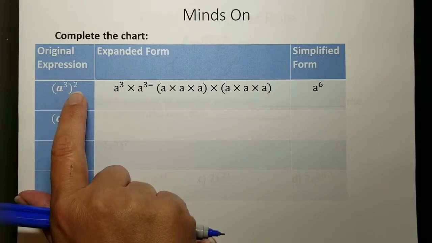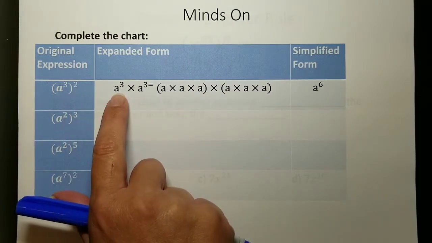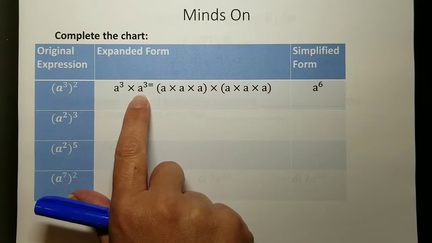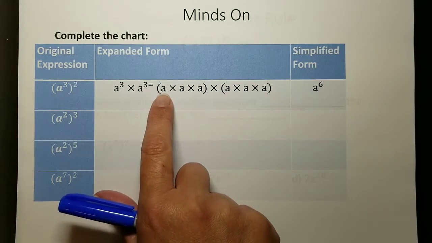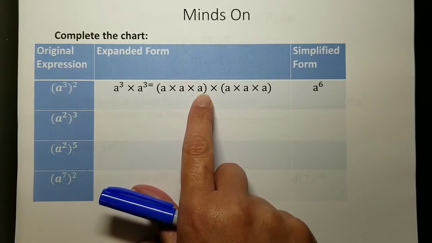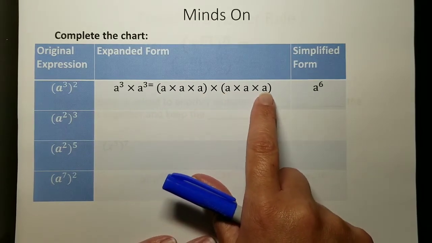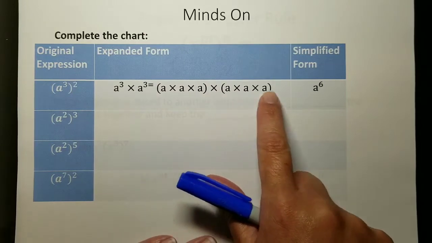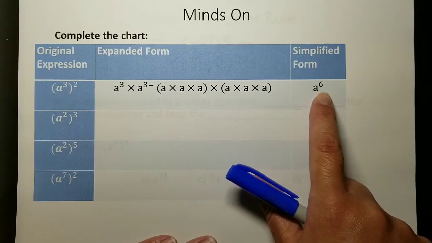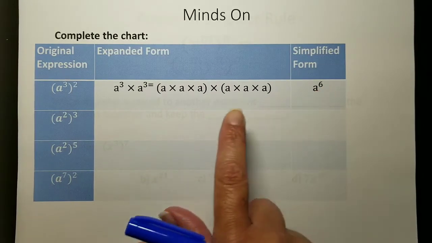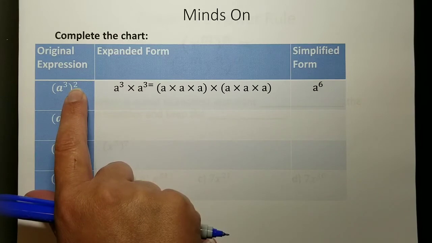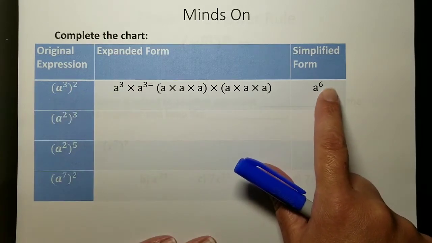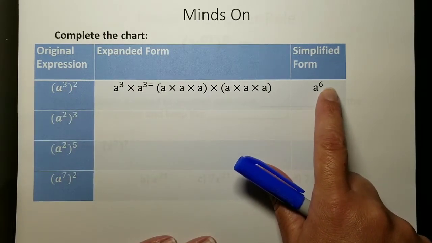So a cubed squared means a cubed times a cubed. Then we can multiply this as a times a times a, and then again a times a times a. So altogether there ends up being an answer of a to the exponent 6. You can look back at these original exponents, a cubed all to the exponent 2, and see if you can make a guess as to what the power rule is going to be here.